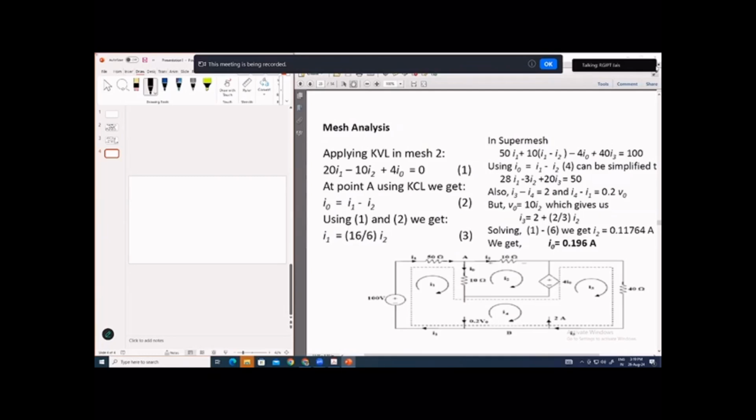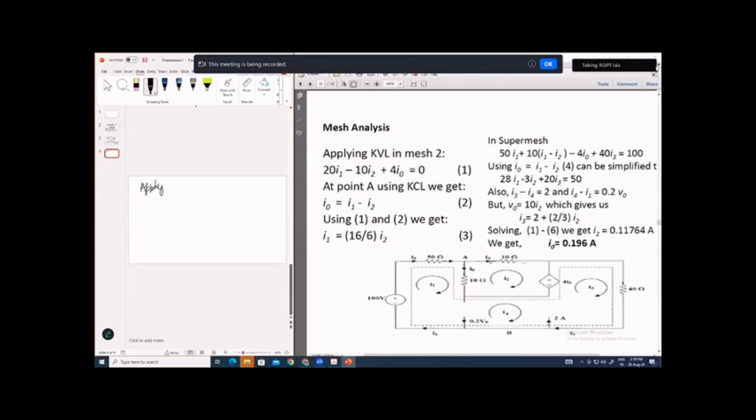That means to get a unique solution for I0, I1, I2, I3, I4, you have to be able to solve. So if you apply this KCL equation at node A, what was KCL?